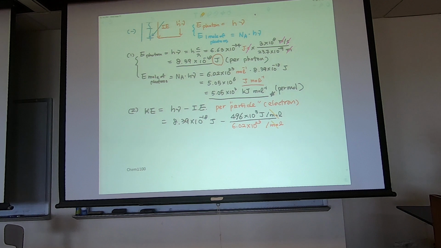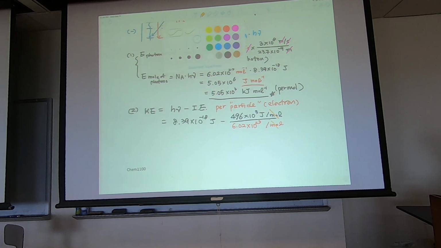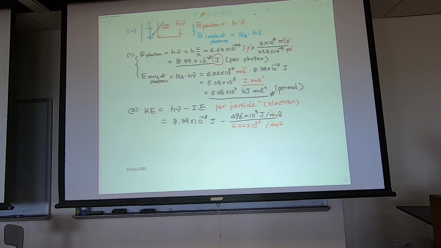Nicely, they are gone now, right? And by doing so, only the joule term survives. And then the answer is here: 7.57 times 10 to the minus 18 joule. I guess that's per 1 electron.